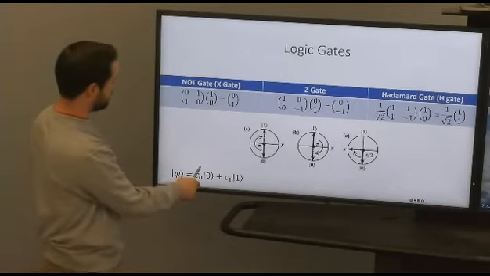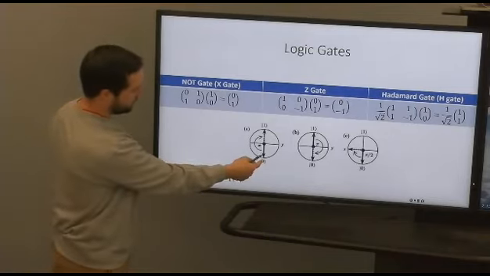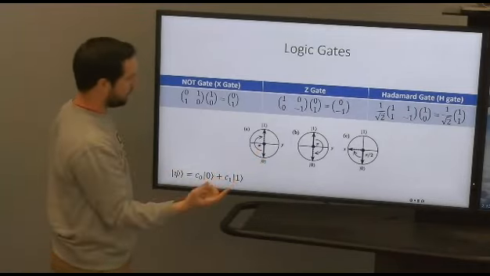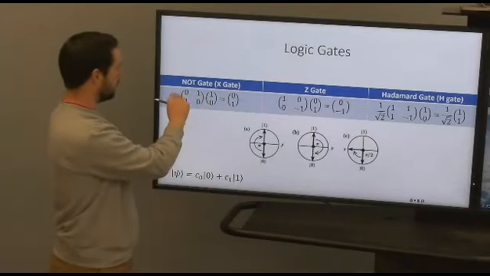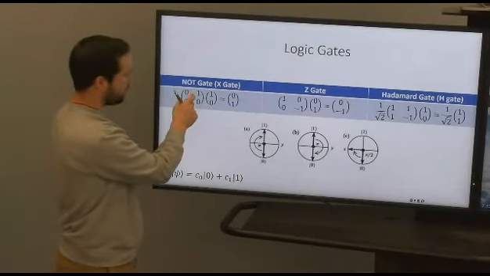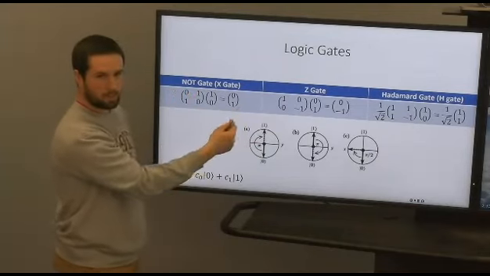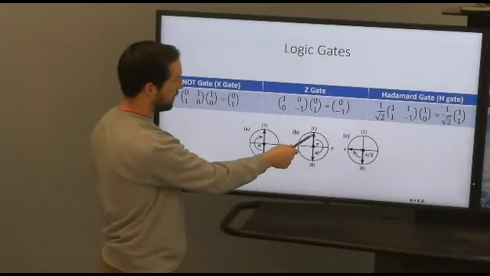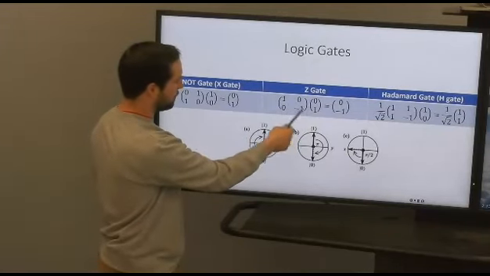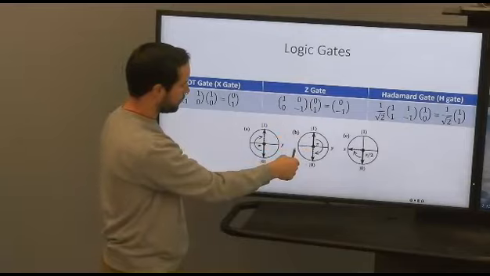Here's our wave function again, and if we're in the 0 state, this is our wave function in matrix form. Then if we operate on this with the NOT gate, we get it to switch going up. We can do the same thing with the Z gate. In this case, we're in the 1 state, and doing this with the Z gate, we get another switch.